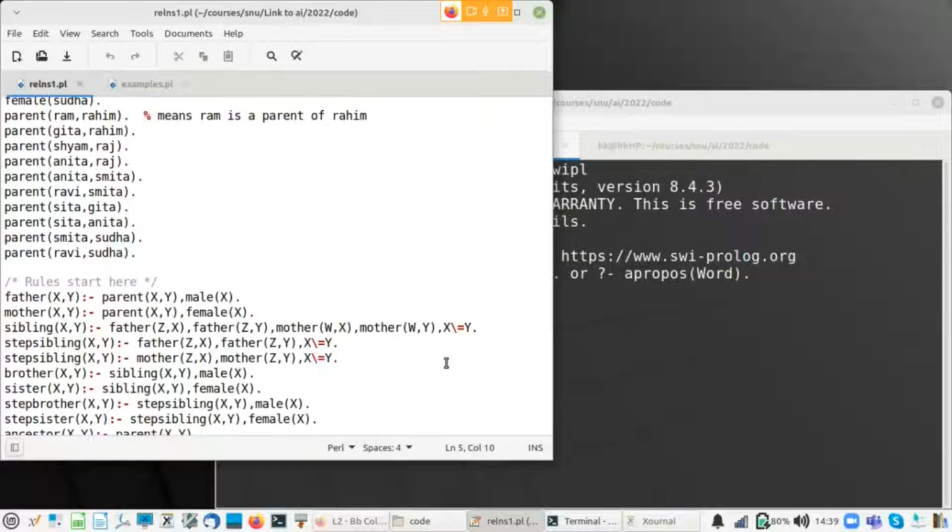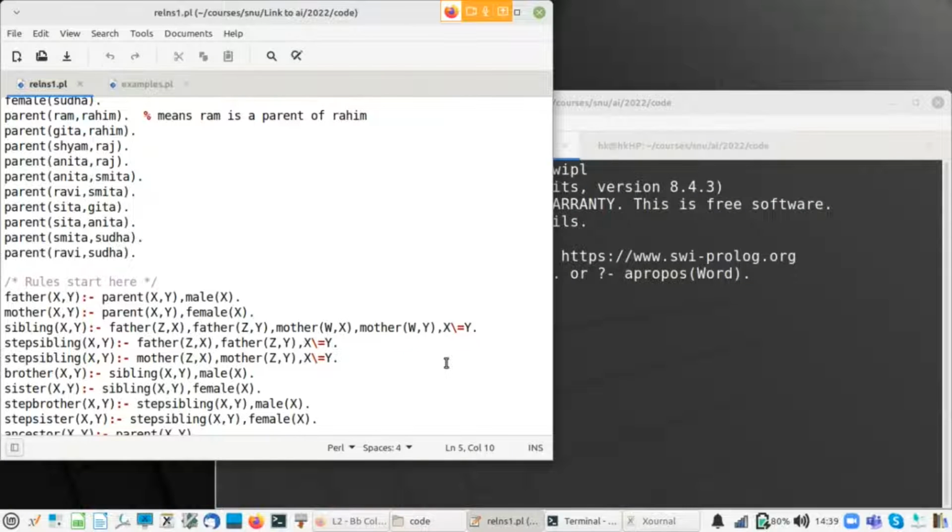Because this will be satisfied if I make X and Y equal. Notice that they are variables. If I am the only child of, let's say, somebody, then X can be instantiated to me, Y can also be instantiated to me, and then sibling X and Y will be true. However, when you say somebody is somebody's sibling, it means that I am not my own sibling.